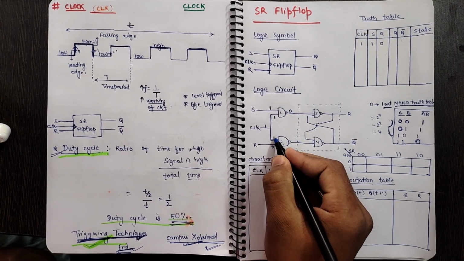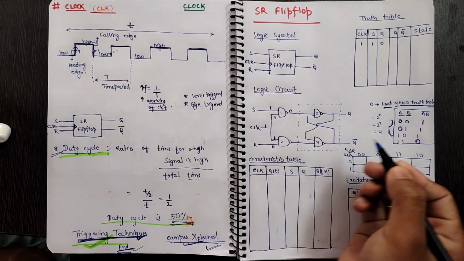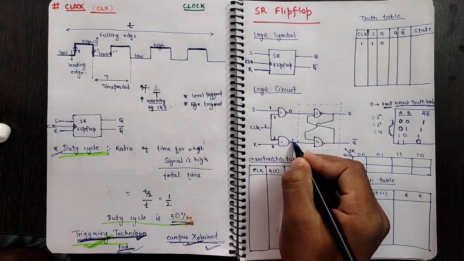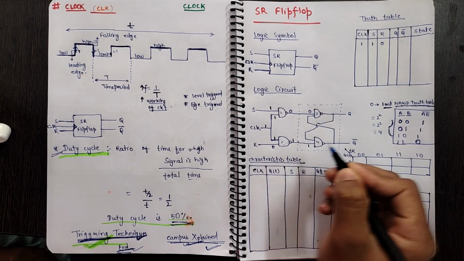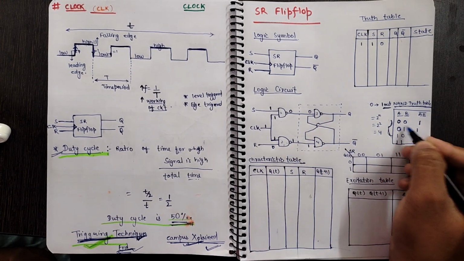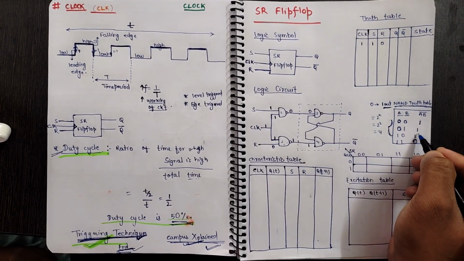Now about the second NAND gate, we get 1 and 0. If we multiply it and take its complement, we will get 1. Now this 0 will come here, this 1 will come here. As we have observed, if any of the input of the NAND gate is 0, we will get 1 as our output.